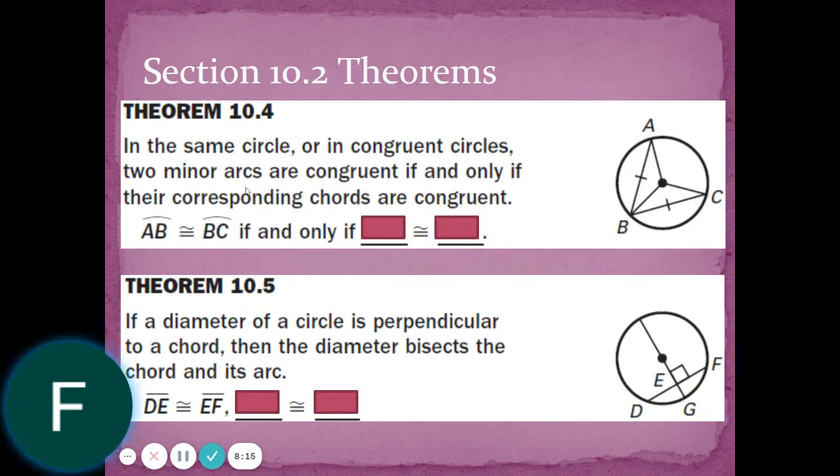So it says that if you have an arc AB and that's congruent to the arc BC, that is only true if the chords that create those arcs are also congruent. So the chords need to be congruent for the arcs to be congruent.